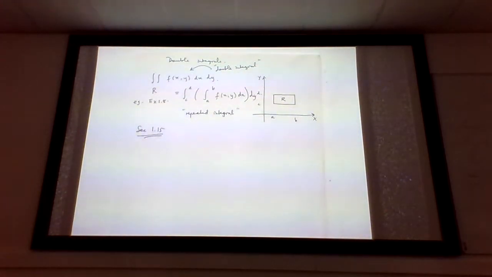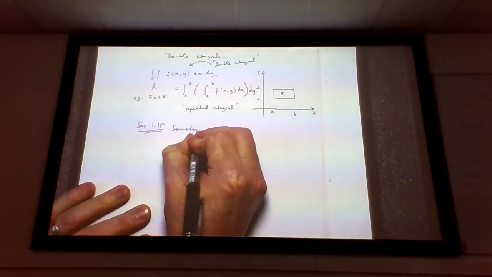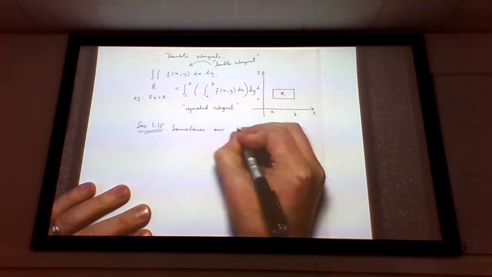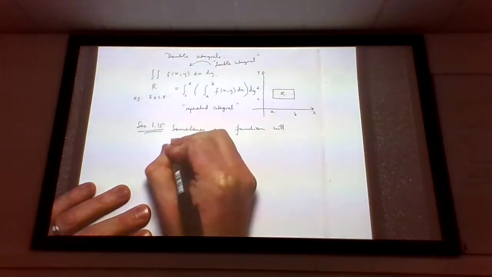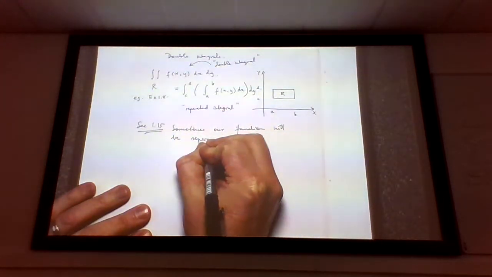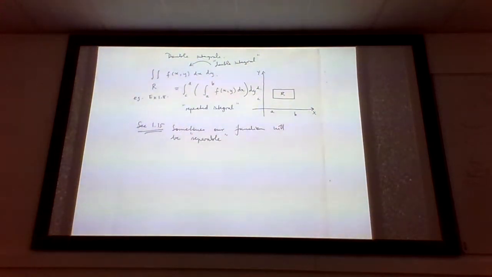Now, just a couple of evaluation techniques in section 1.15. Sometimes our functions will be separable. Separable is a word that comes up a lot as a technical term in mathematics.